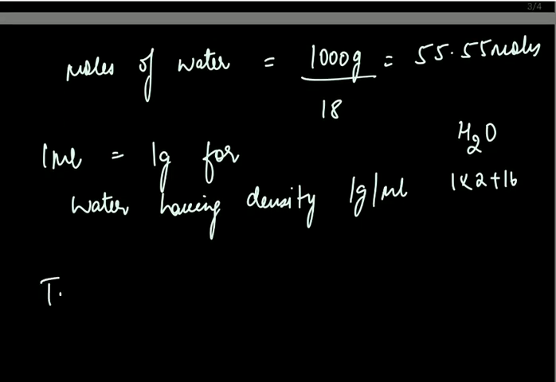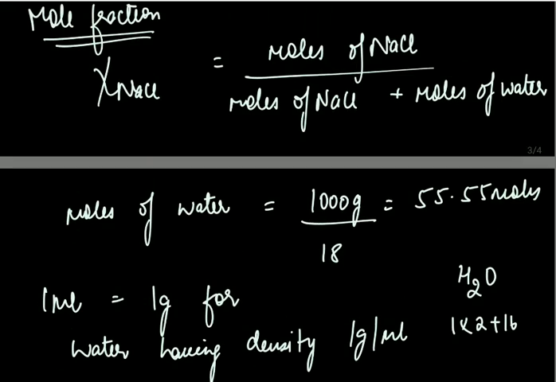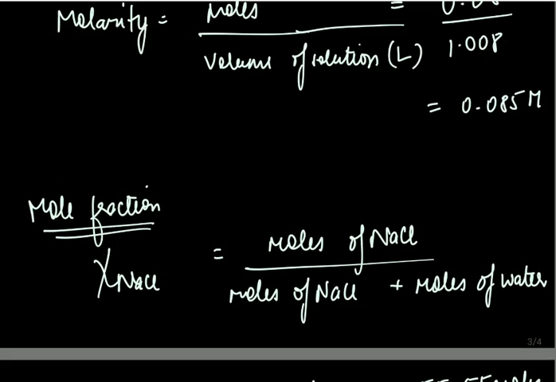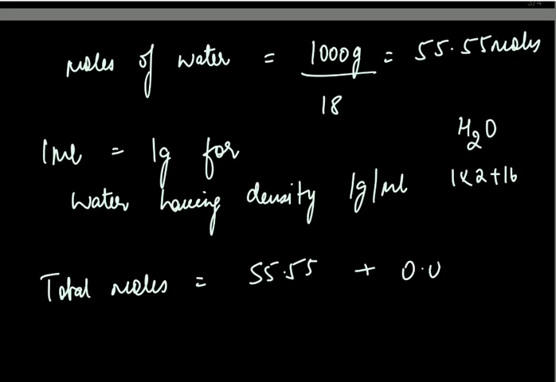So if we need to calculate the total moles now, this is 55.55 moles plus the moles of NaCl, 0.085 moles. If we add it up, we will get 55.635. So these are the total moles we got.